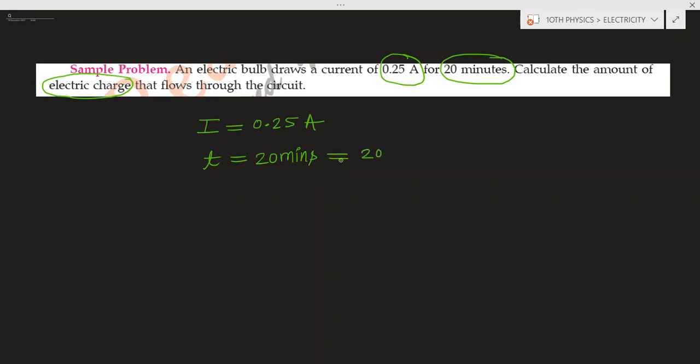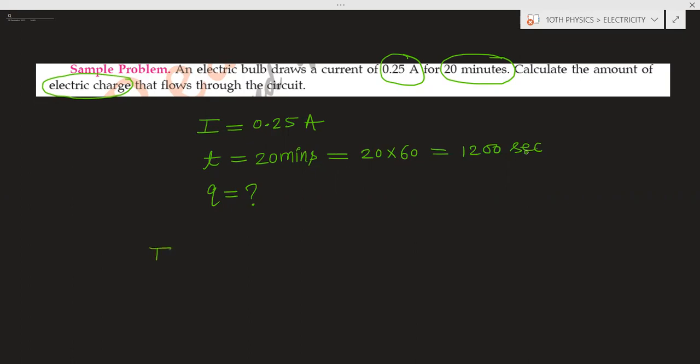We will multiply 20 with 60. So what we will get? 1200 seconds. Charge you want to find, means they are asking what amount of charge will flow through the circuit in 20 minutes or in 1200 seconds.